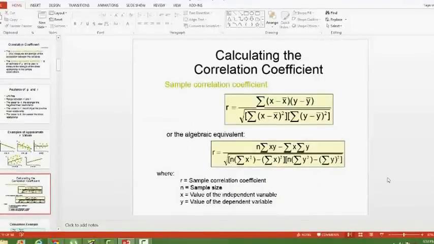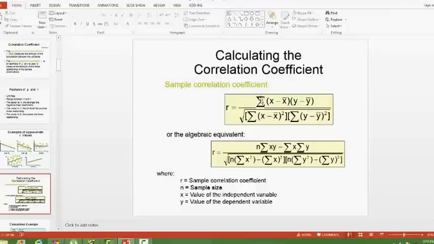So the formula to calculate correlation is given. You can see x and y values are known to us. You will have a series of values for x and a series of values for y. X bar is nothing but the mean, so you can always compute the mean of a series, and y bar is the mean of y.